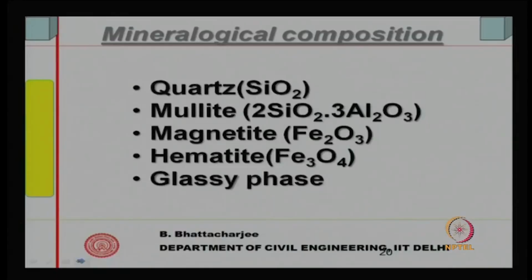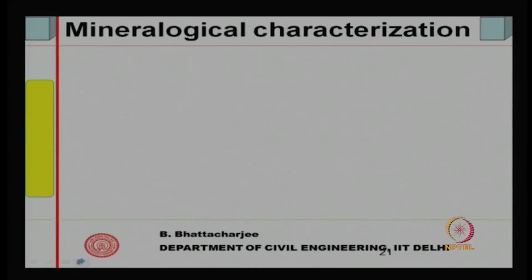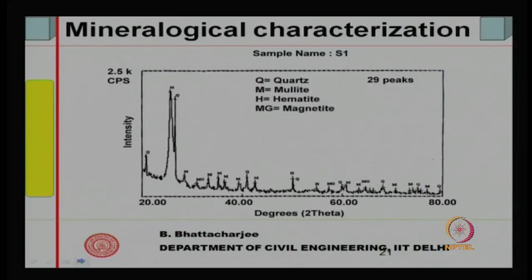Rice husk ash of course is cellular in structure. For the mineralogical composition, one looks at quartz, mullite, magnetite, hematite and glassy phases, because this is most important. So, these are the kind of minerals which are present, and one can obtain them from X-ray diffraction study. For example, this is for fly ashes. You can see that quartz is present, mullite is present, hematite and magnetite are present. So, Q stands for quartz.